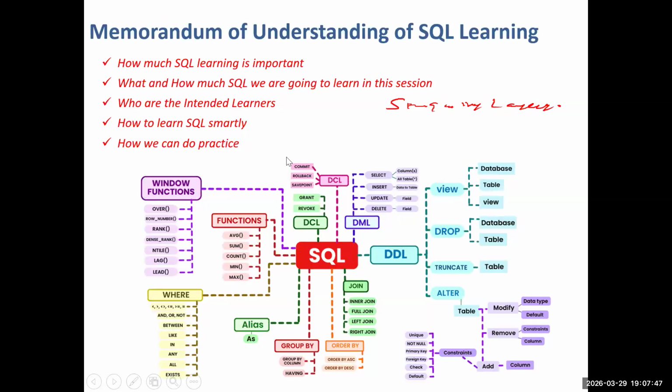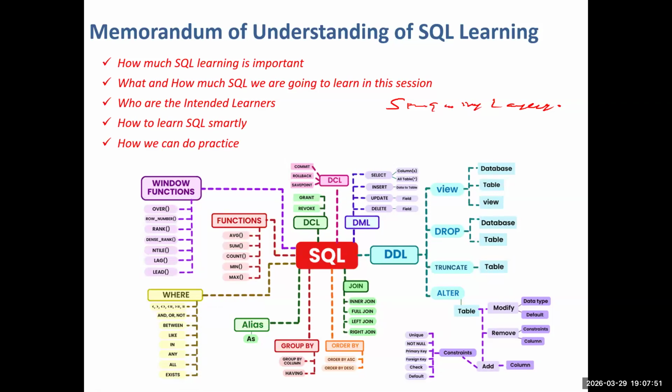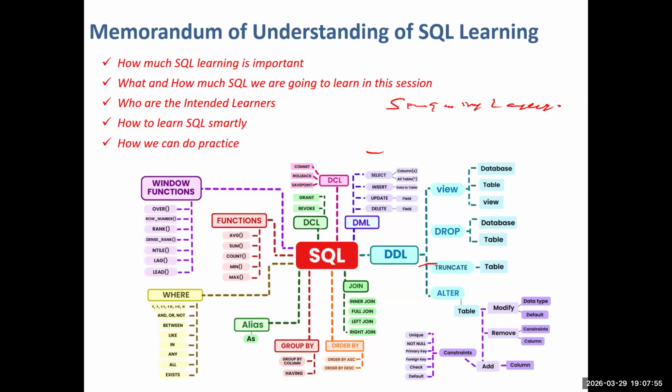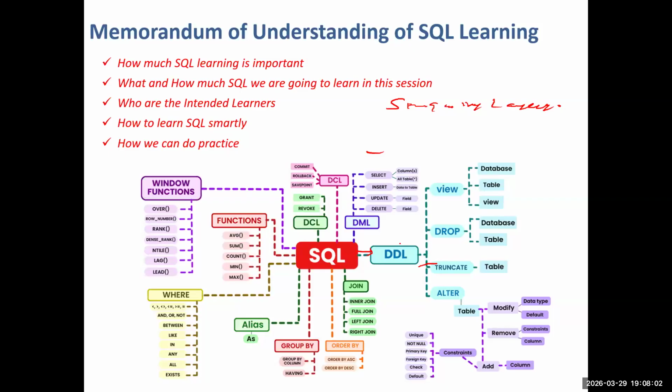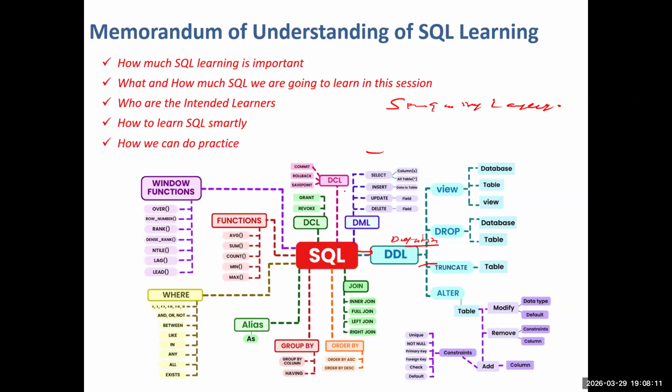In SQL, we can mainly categorize the queries. The first is DDL. I think last time we discussed a few DDL queries also, and we are going to continue. DDL means Data Definition Language. Mainly we are going to play with the structure of the data.